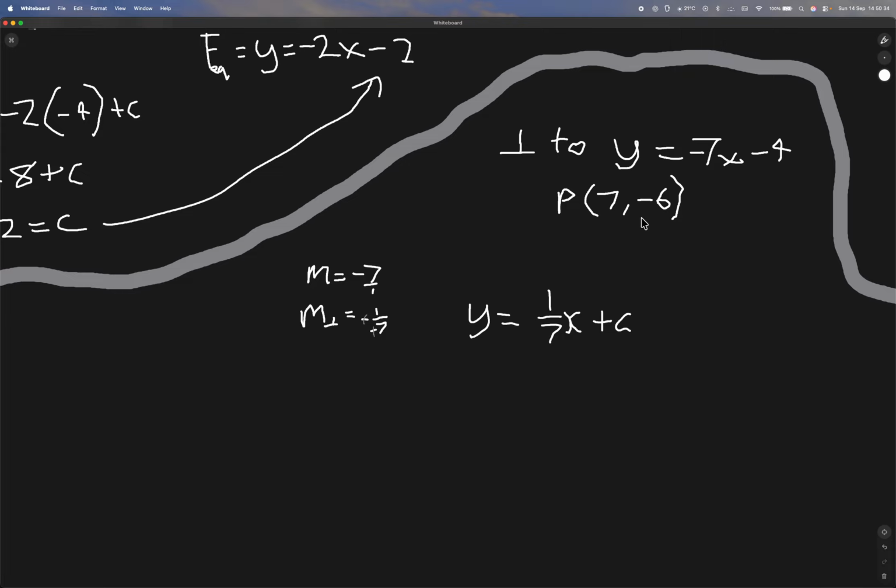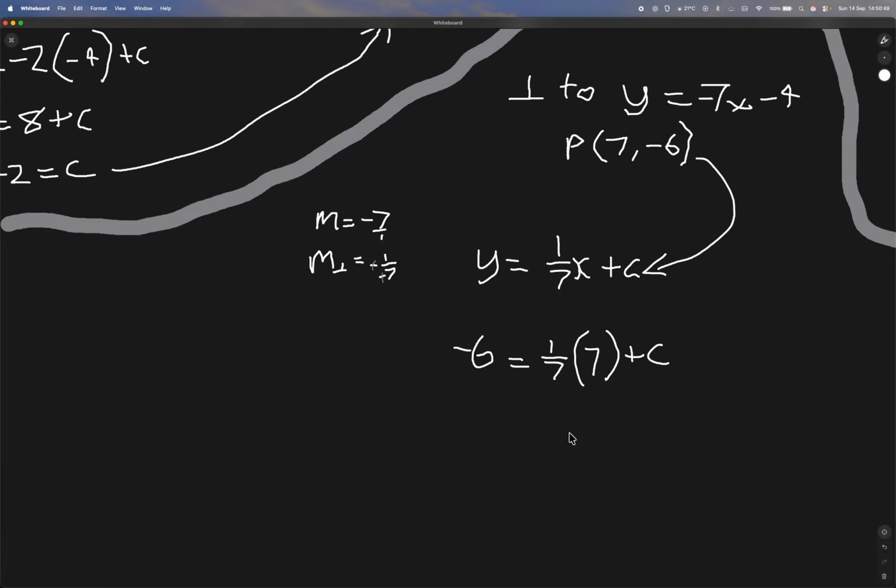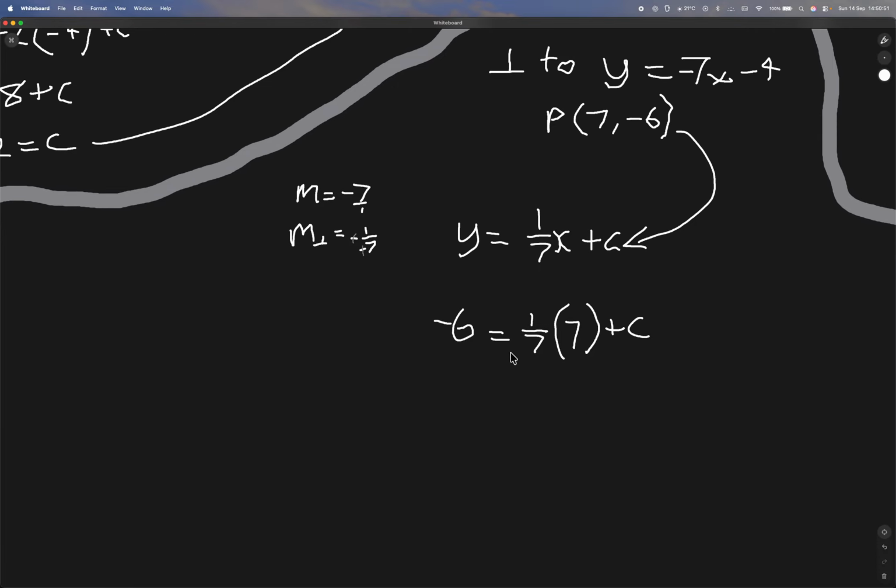So negative 6, now we're going to put in our variables. Negative 6 is equal to 1 on 7 times 7 plus c. So 1 on 7 times 7, that's 7 sevenths, which is 1, so negative 6 is equal to 1 plus c. So now we're going to remove 1 from both sides. We're going to get minus 7 is equal to c.